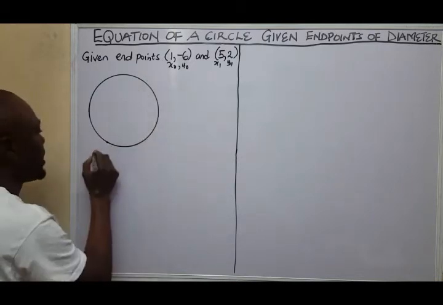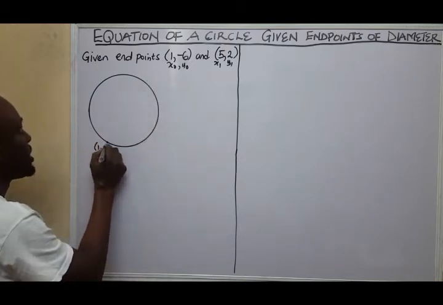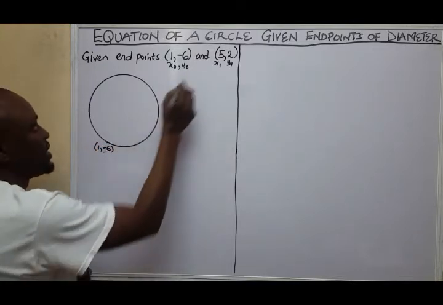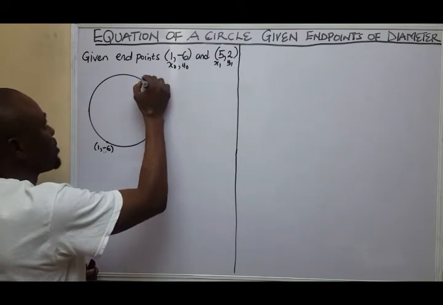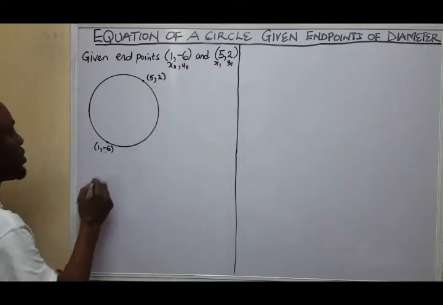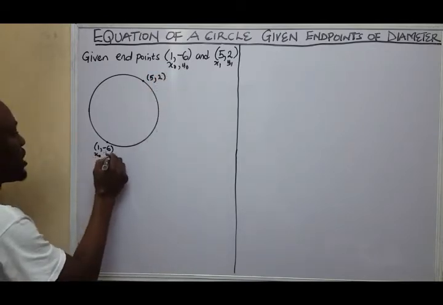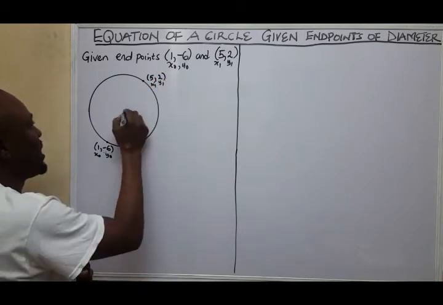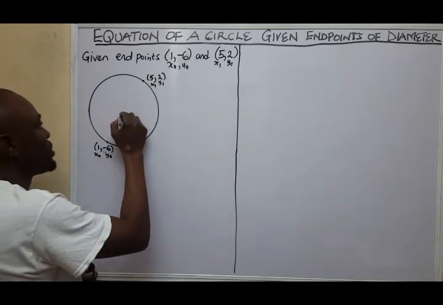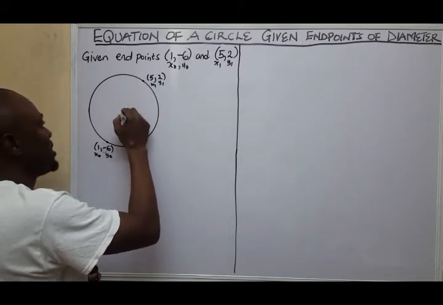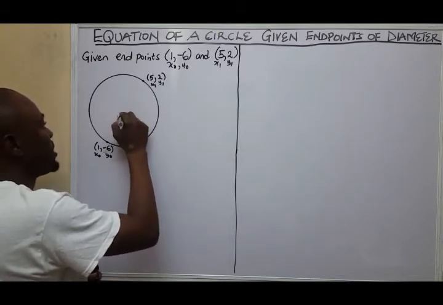So this will be here, 1, negative 6, and the other point will be somewhere around here, let's say 5, 2. So this is my x sub 0, y sub 0, x sub 1, y sub 1, and this is my midpoint, which is the center. Let me call it C.